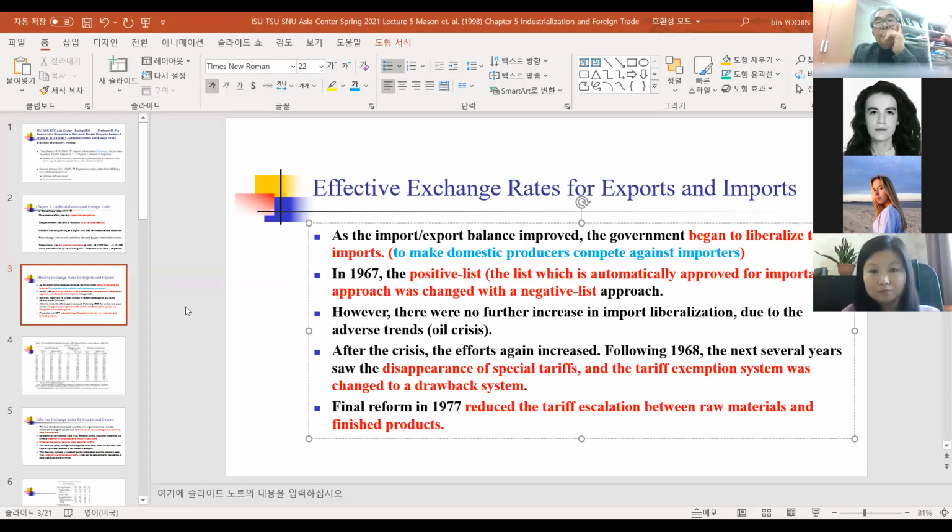That means if the item does not belong to the positive list, the item cannot be imported.